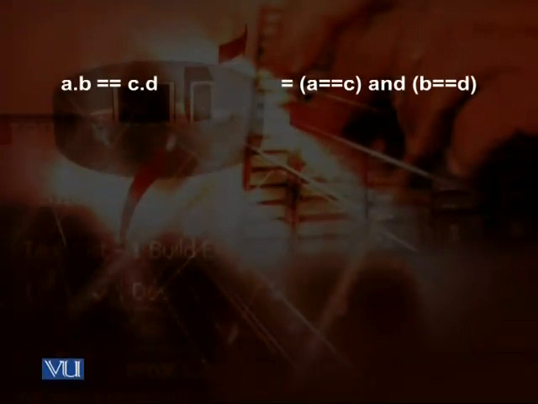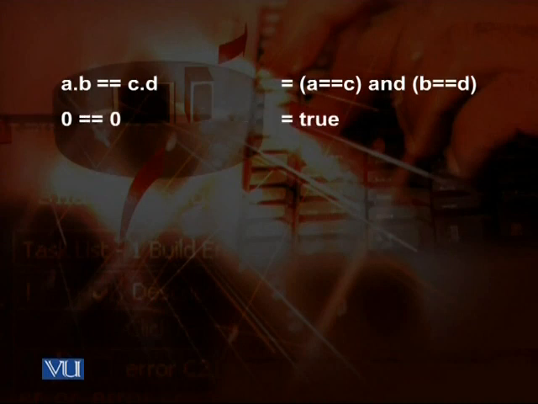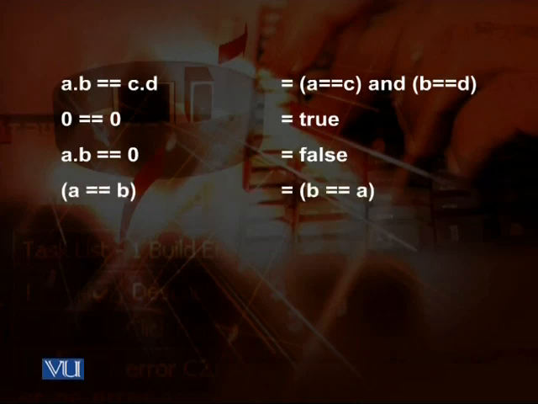Then we have the dot operator and the equality. We say a dot b is equal to c dot d is true when a is equal to c and b is equal to d. 0 is equal to 0 is true. A dot b is equal to 0 is false. A is equal to b is the same as b is equal to a. The previous operations are all very trivial, so I don't need to talk about those.